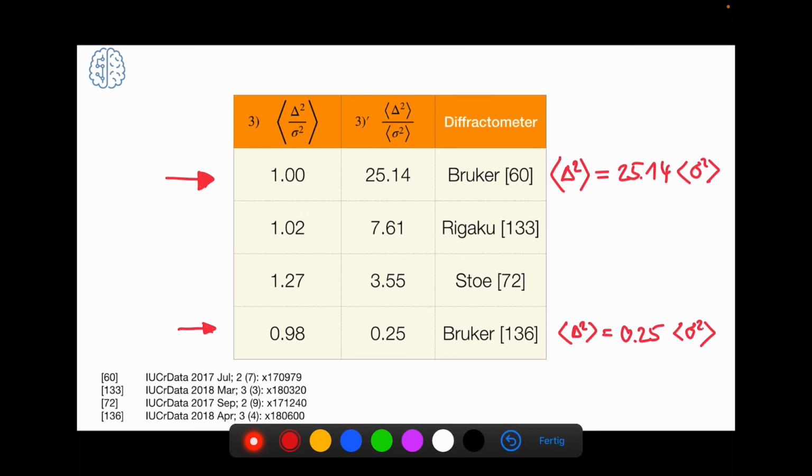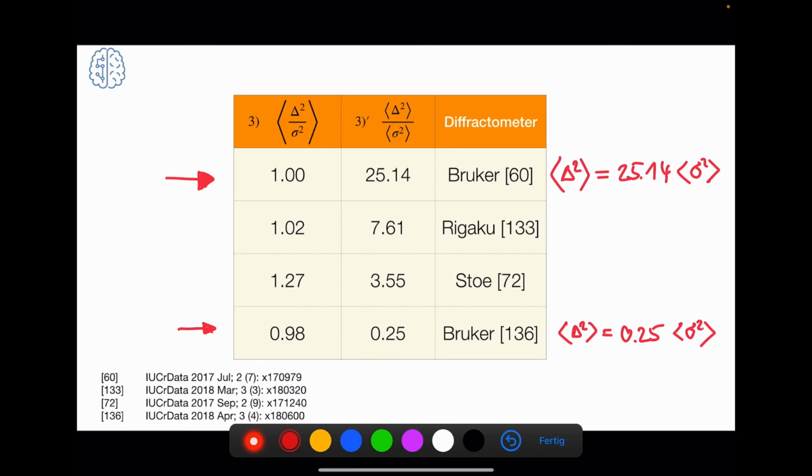That means delta squared is on average only a quarter of what we are expecting it to be. So there is some form of severe overfitting here because delta squared is much too small. However, this overfitting is not reflected in this number. It's not reflected in the mean squared weighted residual.